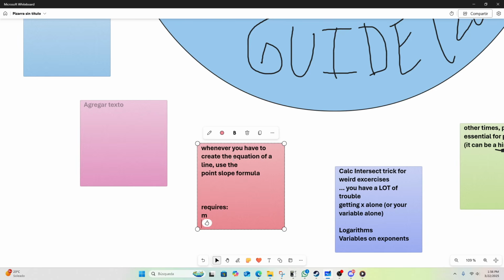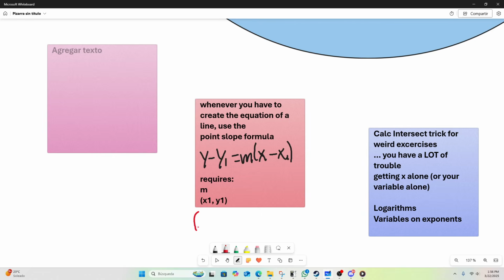The slope and a set of points. The point slope formula is y minus y1 equals m times x minus x1. And this is, by the way, in the formula booklet.